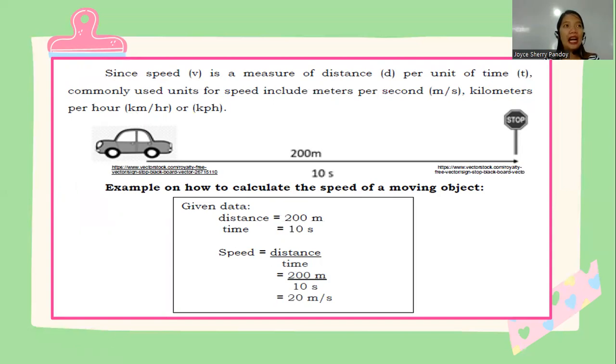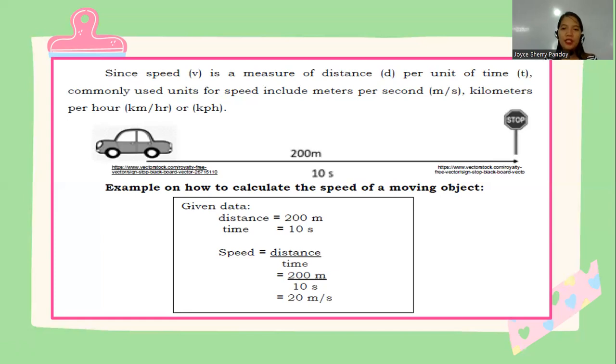So atong i-calculate ang speed sa car. Given the distance, which is 200 meters, and the time, which is 10 seconds. So atong balikon tong formula kaganina, speed is equal to distance divided by time.